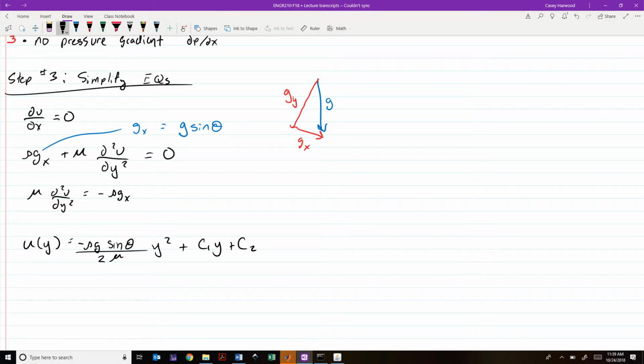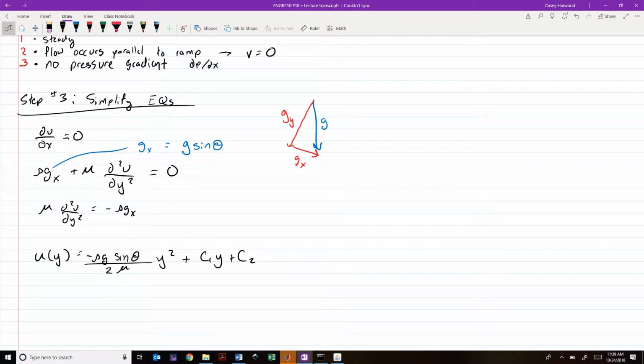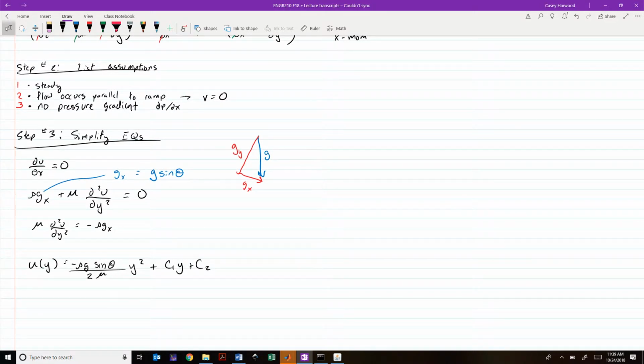Okay, so this has just been pretty straightforward. This part's pretty straightforward math. The part above it requires a little bit more intuition and thought about what terms you can cancel out. But now is where we start to identify what our boundary conditions are. We're not going to take this problem all the way through to completion, but once again, we have 2 unknown constants of integration.